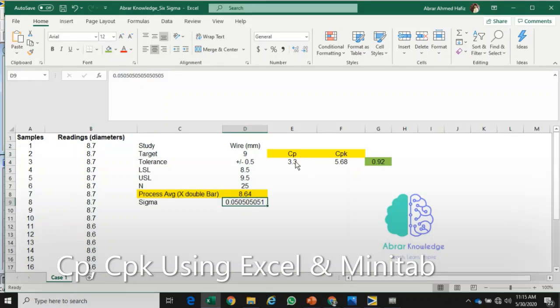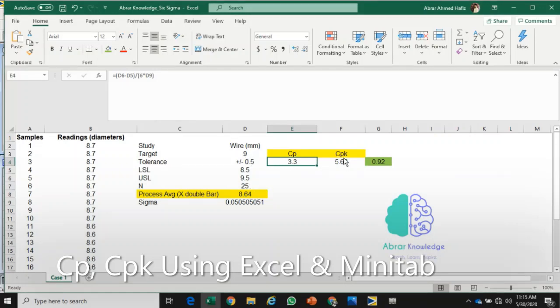And how to calculate CP? We discussed this in the previous video. The formula is USL minus LSL divided by 6 sigma. By substituting all of these values, you get 3.3. And CPK is the minimum of USL minus the process average divided by 3 sigma, or LSL minus X double bar divided by 3 sigma.